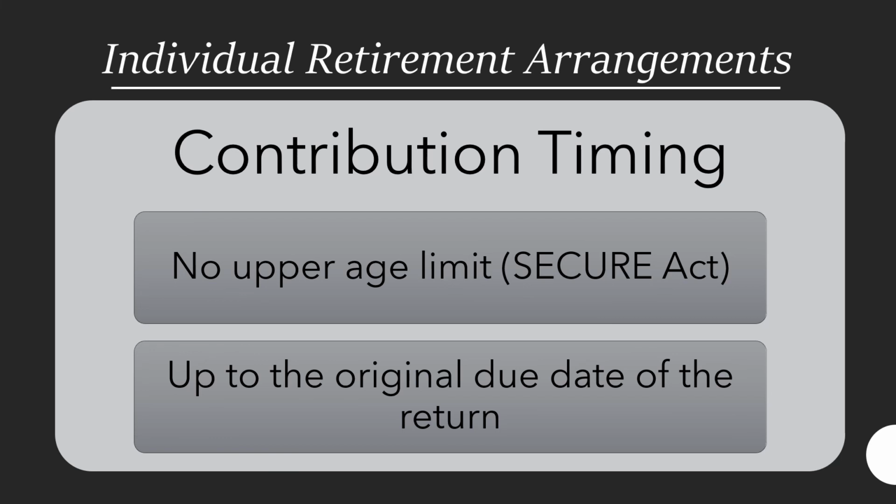A lot of times taxpayers want to wait and see what their tax will be, or their tax is going to be a little higher than they thought, and so they decide to lower the amount of tax by making a contribution to an IRA, and then they have up to the original due date of that return.